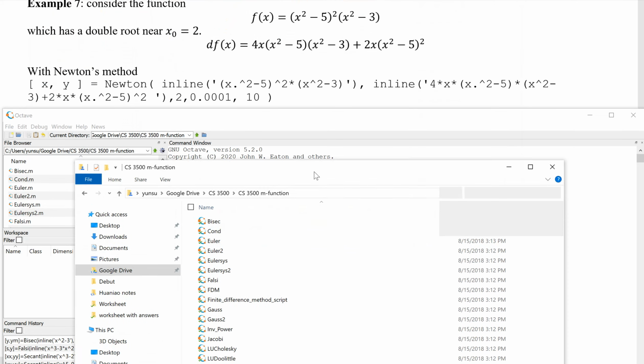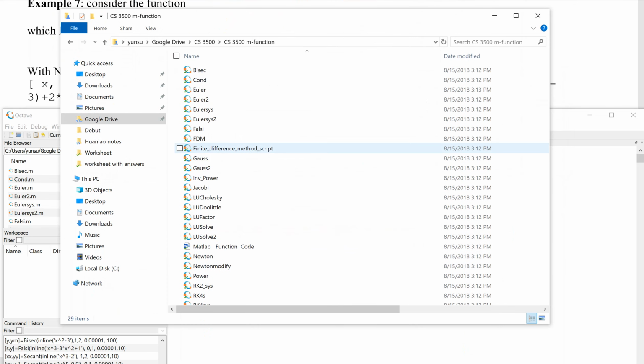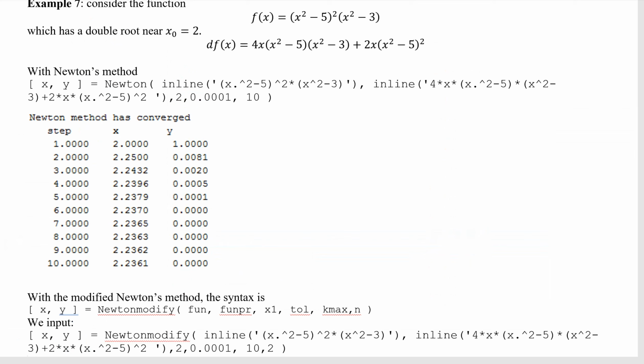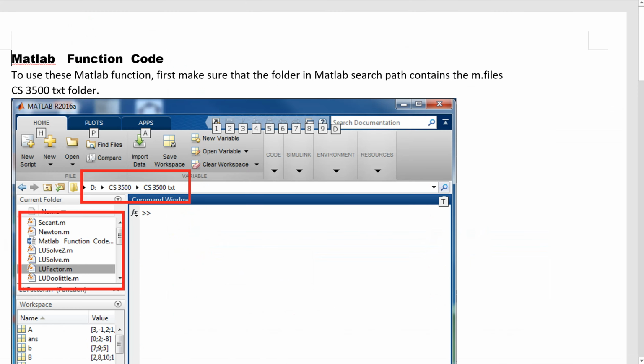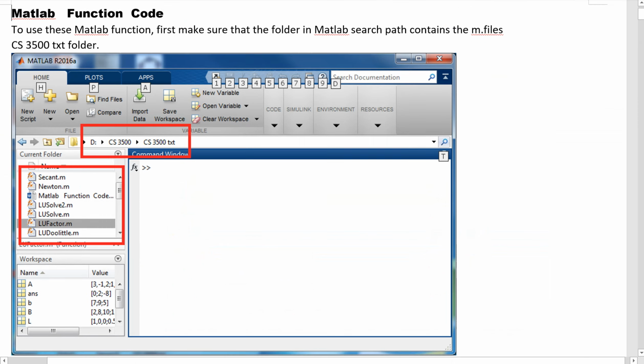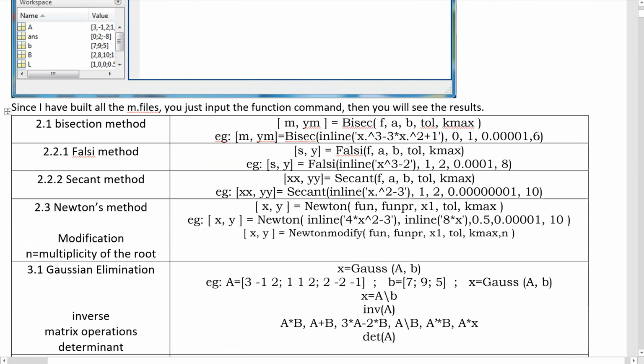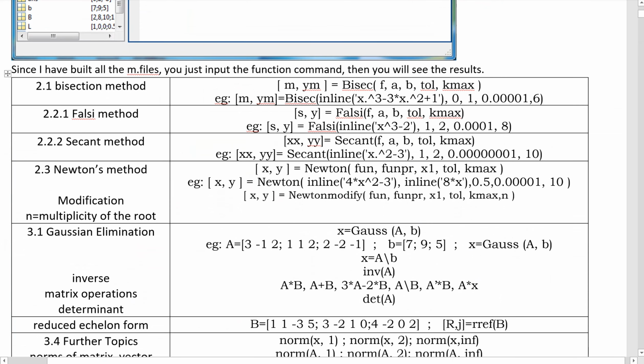Once you download it to your computer, you see this MATLAB function code. Open it. Here I summarize all the MATLAB syntax for different sections.